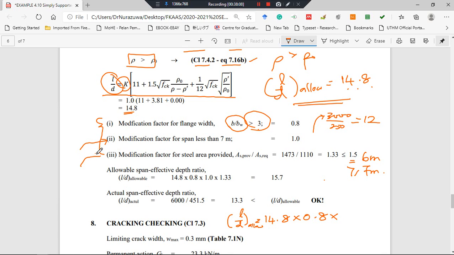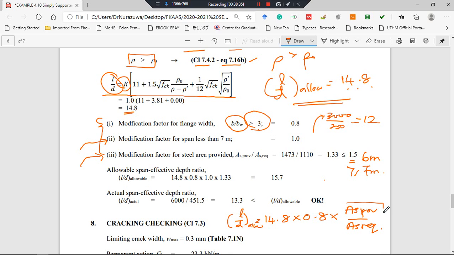Next is the modification factor for the steel area provided. We check the As provided divided by As required should be less than 1.5. If less than 1.5, you need to modify the L over D allowable with this equation: As provided divided by As required.